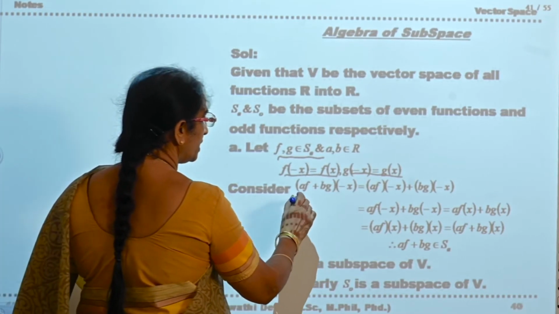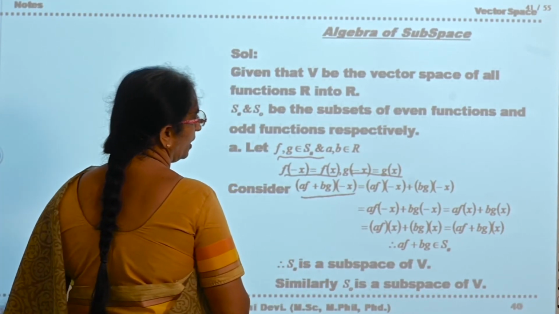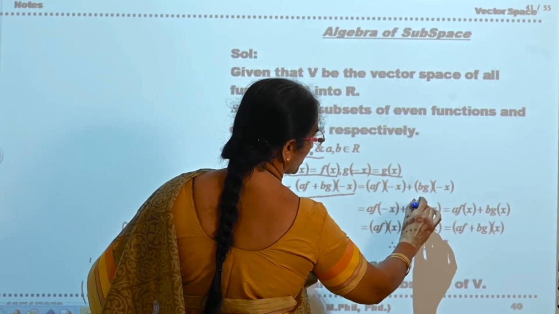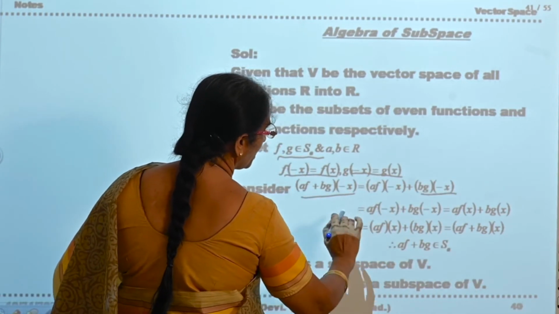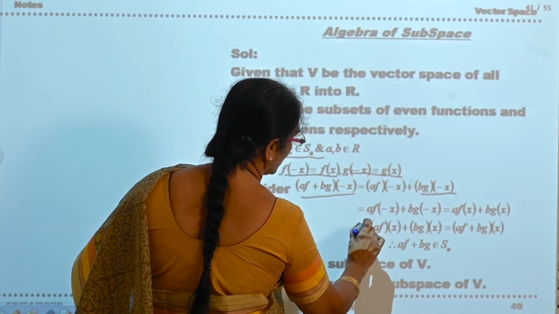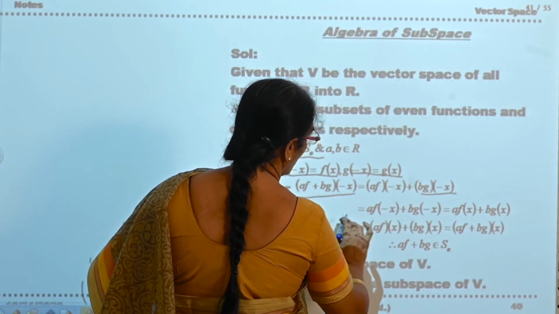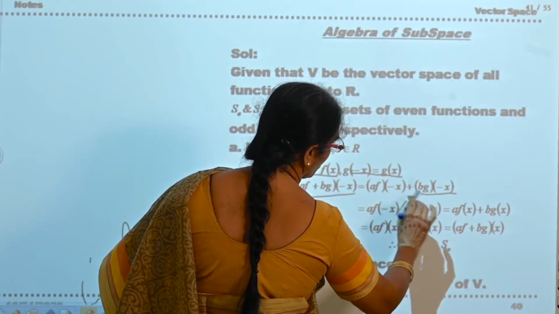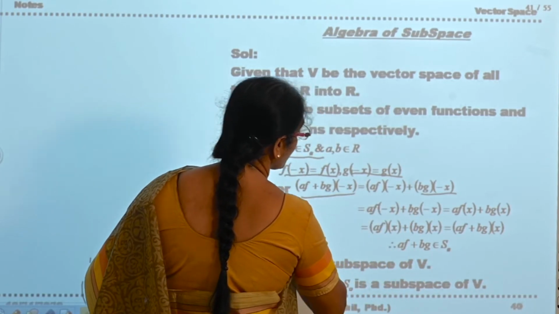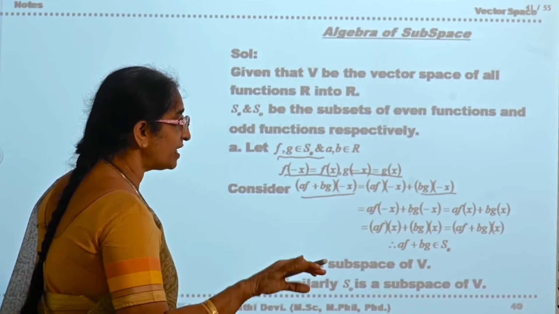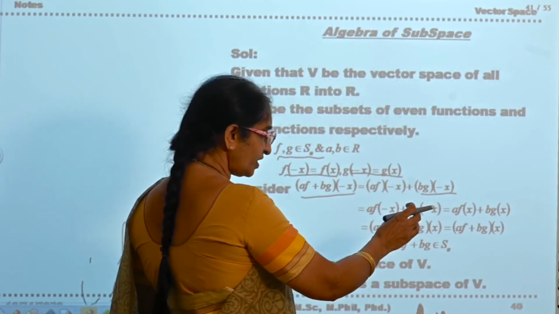Now consider (af plus bg) of minus x. That is a f of minus x plus b g of minus x, separately, according to scalar multiplication. But f is an even function, therefore f of minus x will be equal to f of x, and similarly for g.